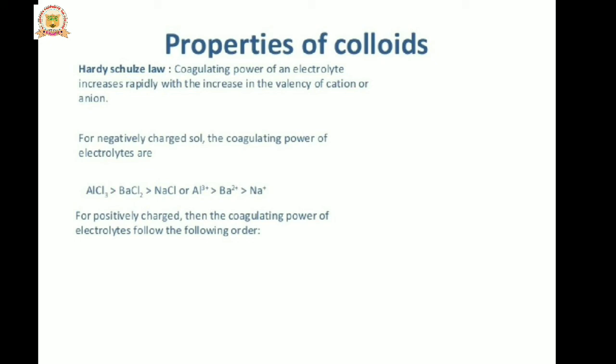So the charge on phosphate is more, that is 3-, then SO4 2-, then Br-. So phosphate has the highest valency, so it has the highest coagulating power. The higher the valency, the more the coagulating power of that electrolyte.